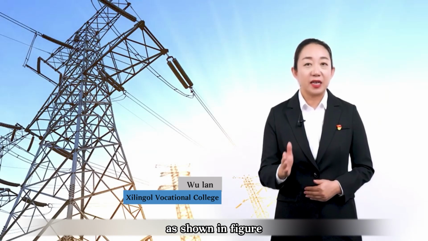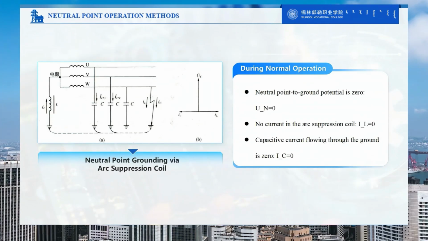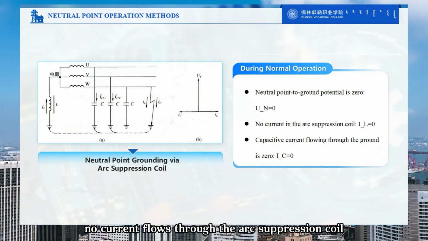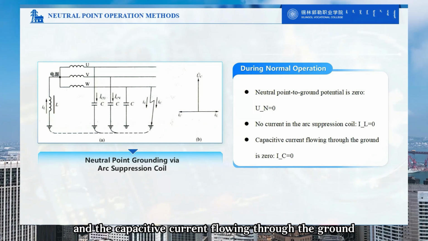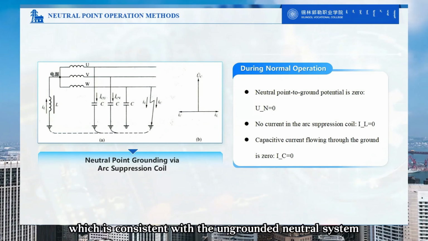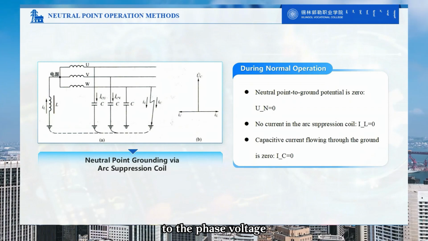As shown in Figure 2.3, when the system operates normally, the potential of the neutral point to the ground is 0. No current flows through the arc suppression coil, and the capacitive current flowing through the ground is also 0, which is consistent with the ungrounded neutral system at this time. When a single-phase grounding fault occurs, we see that the neutral point potential rises to the phase voltage.